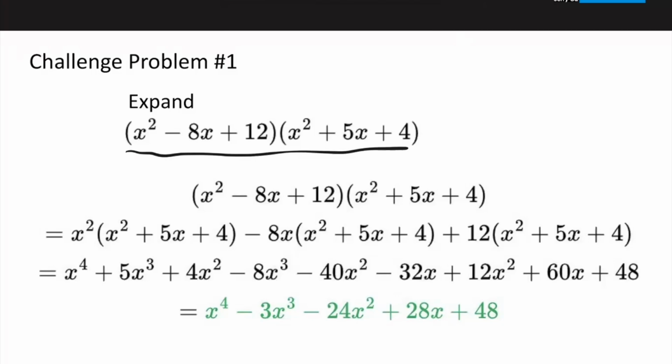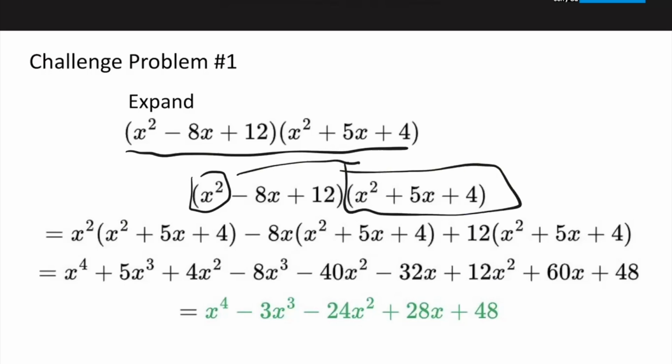Okay, perfect. To do this question, we have to do a more advanced version of FOIL. The key concept behind FOIL is you multiply each term by the entire second term individually.